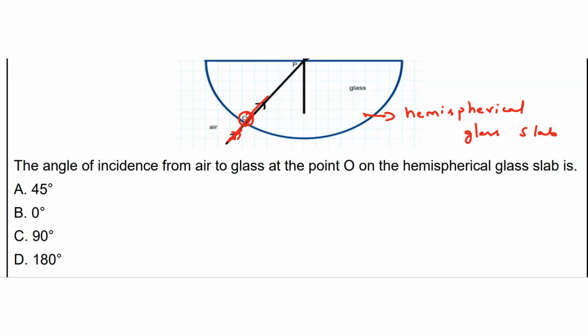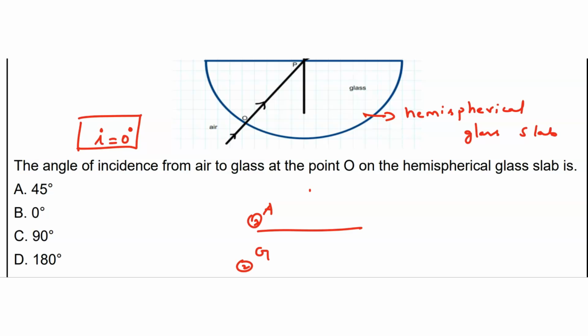So what happens when a ray passes from one medium to another medium and it suffers no deviation means the angle of incidence with the normal is definitely 0 degree, right? So let us see, this is the air glass medium. This is medium 1 and this is medium 2 and this is the interface of glass and air.